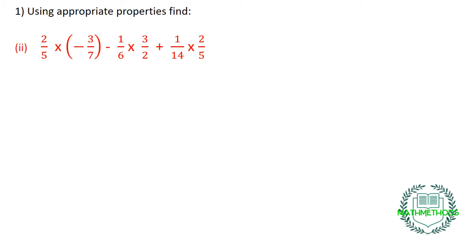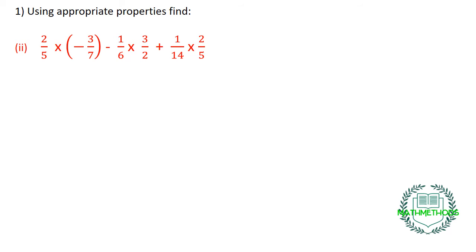You can't just start calculating from left to right, but there is a rule. Start with the brackets, then the divisions and multiplications, and only after that the additions and the subtractions. If you don't follow this rule, then you will not get the correct answer.